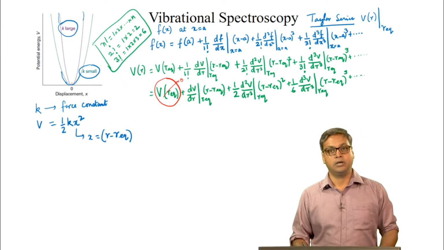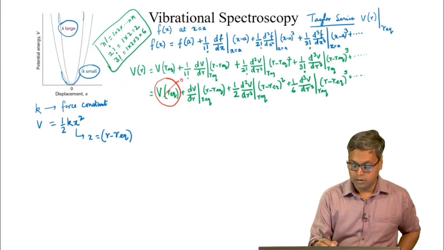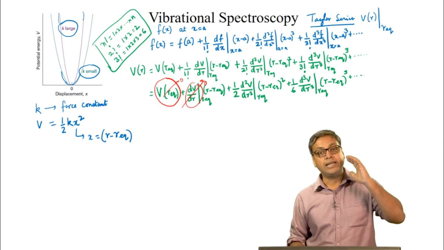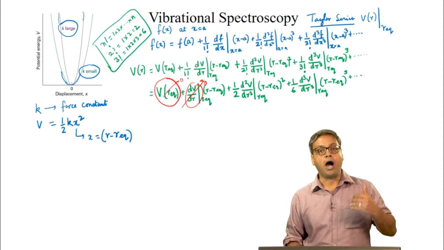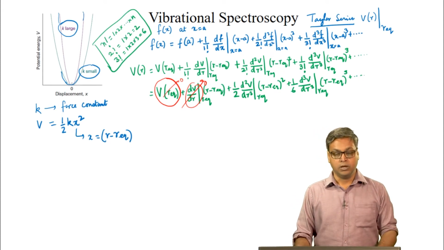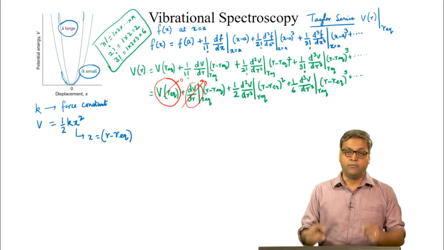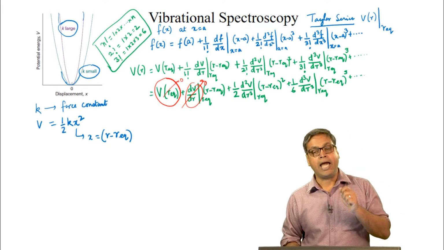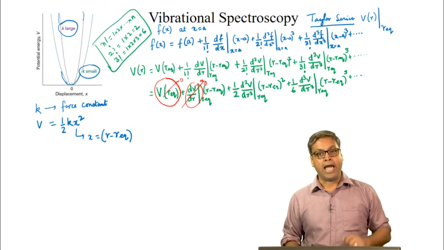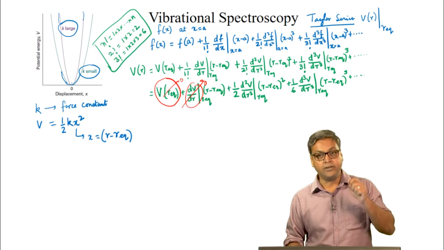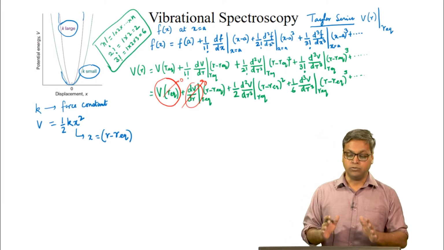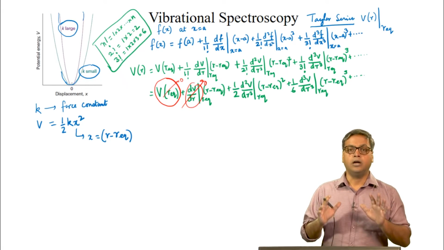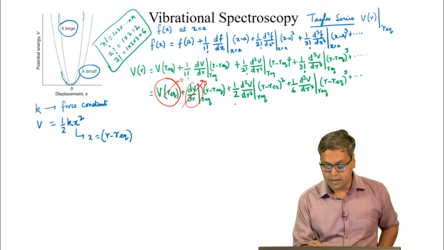The second term is 0 as the first derivative at r equilibrium is 0. This is because the potential V of r is minimum at r equilibrium, and we know that the first derivative at the minimum is always 0. So, the first surviving non-zero term is the third term.